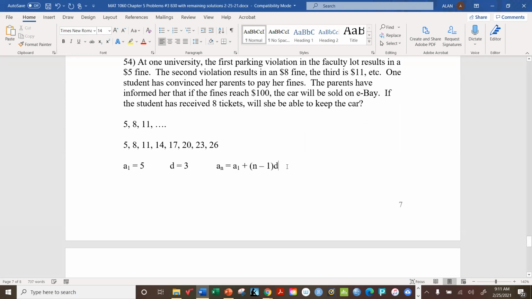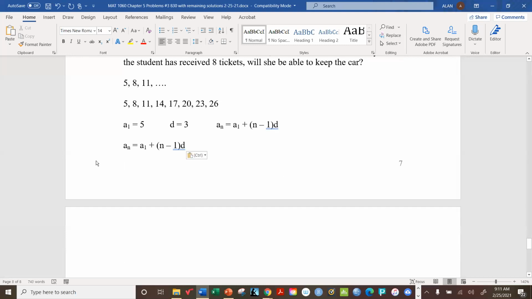So therefore, A8 must be 5 plus 8 minus 1 times 3. 5 plus 7 times 3. 5 plus 21. Yes, 26.